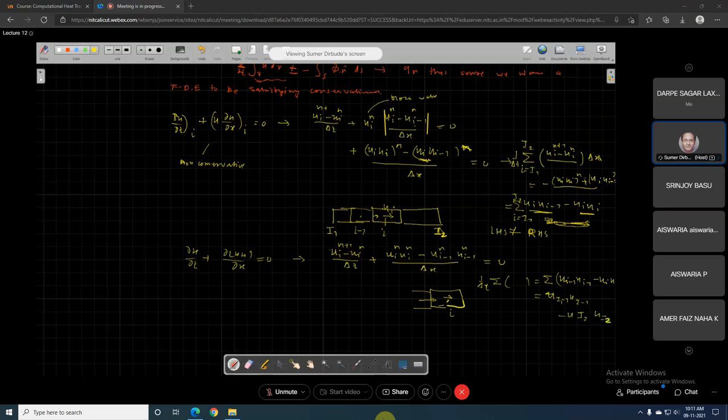This shows the transportive property, because ui minus 1 is coming like this and going like this. So the left hand side will become the right hand side here. This is the conservativeness property. Transportiveness is also a conservativeness.